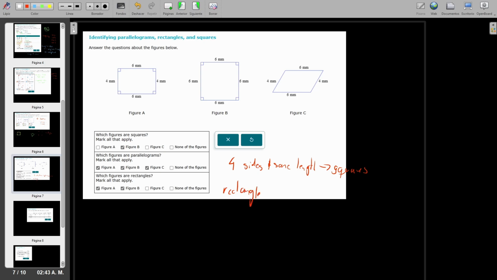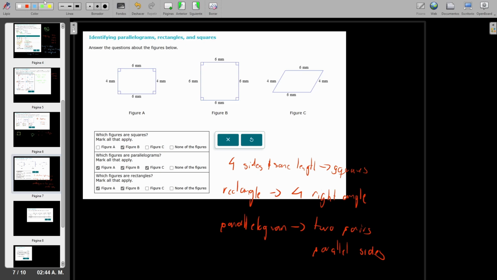A rectangle means four right angles. And a parallelogram, two pairs of parallel sides.